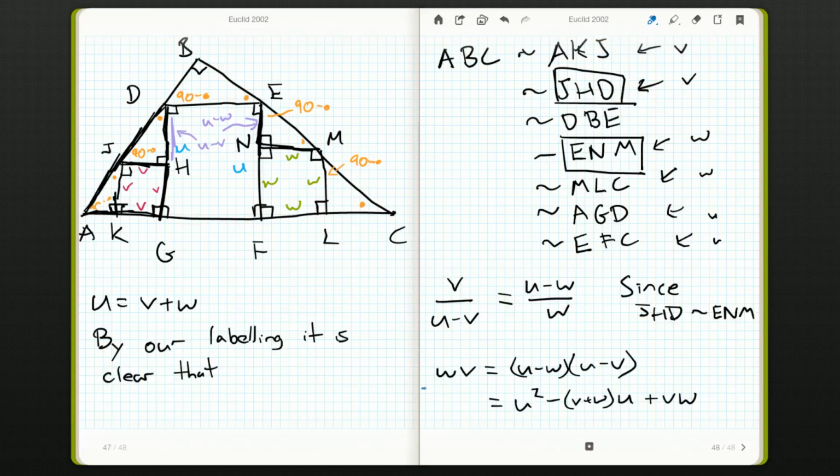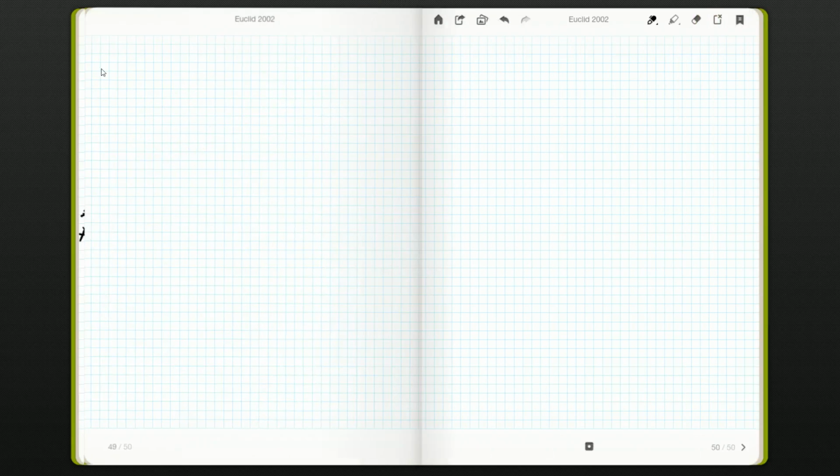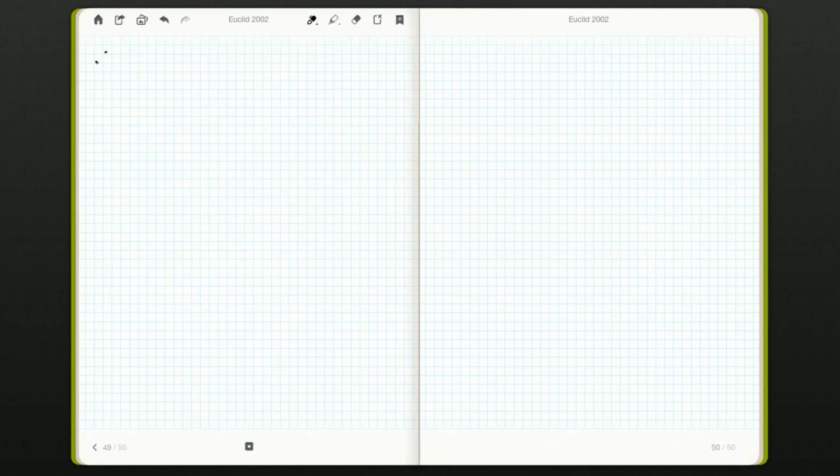I think that's actually it. We didn't need all the other triangles. There's a whole bunch of similar triangles, so maybe there's a bunch of ways to do this. So if we rearrange, we'll get U squared is equal to V plus W times U.